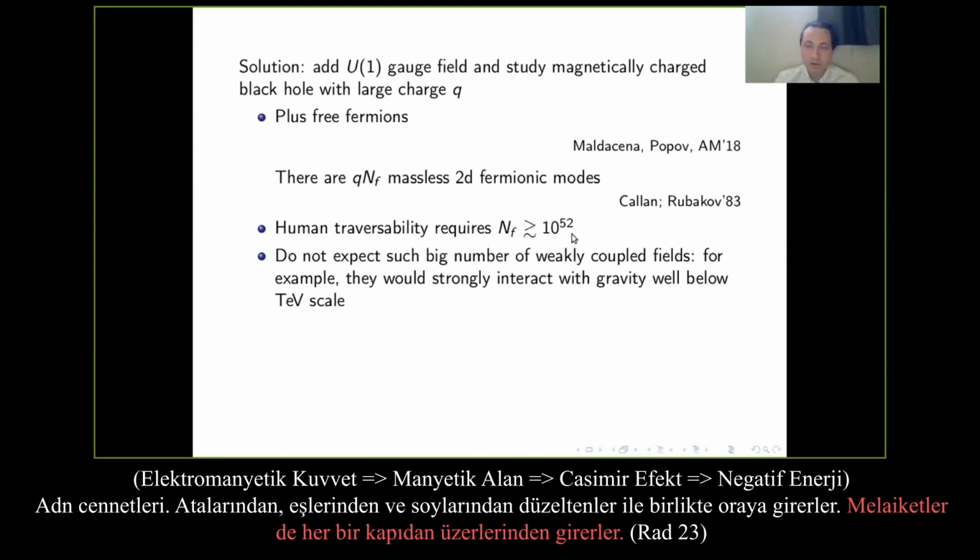It means that one will have to tweak the coupling constant to be smaller than this number, because these fermions can travel in loops, and so the effective coupling constant is in fact multiplied by this, and it would be true even for gravity interactions. Such a big number of fields would mean that they would strongly interact with gravity well below the TeV scale. So this just does not make any sense.